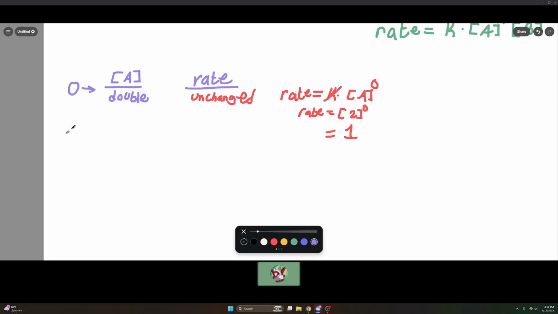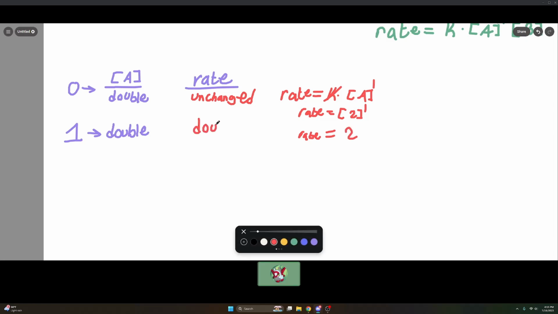If instead it were to the first power, and I'm just going to make sure I'm always doubling A so we can see the pattern. Instead, if I were to have a first order, that changes my exponent. So instead, now it's a 1. I have 2 to the 1. So instead now, I have a change in my rate of 2 times.